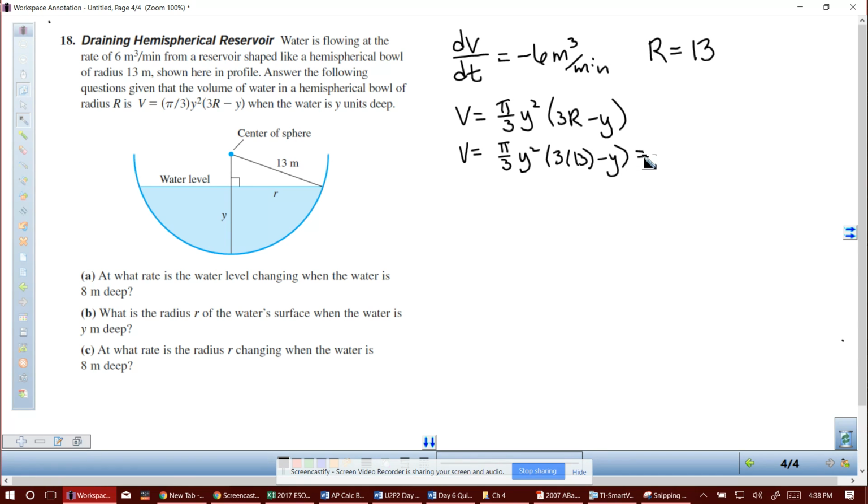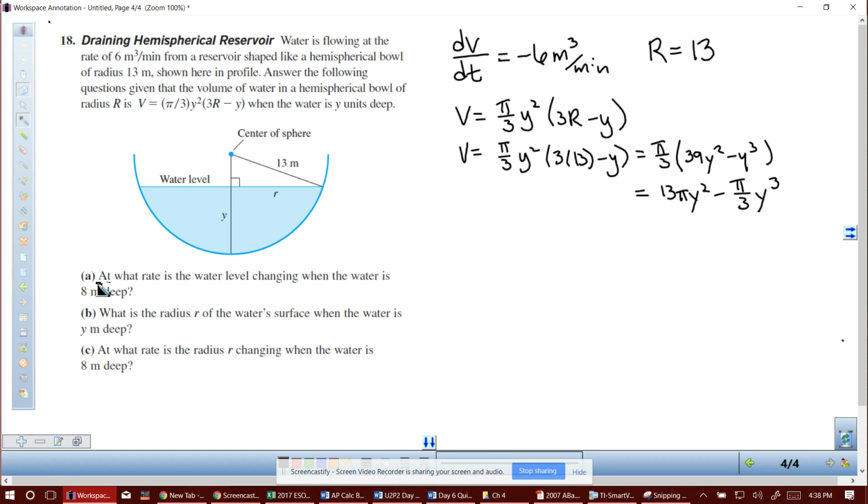And I'm just going to simplify this just a little bit. I left that as pi over 3, and then I distributed, so I had 39 y squared minus y cubed. Then I distributed the pi over 3, which gave me 13 pi y squared minus pi over 3 y cubed.